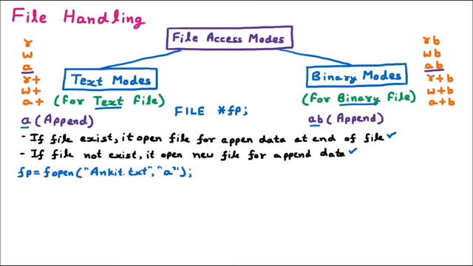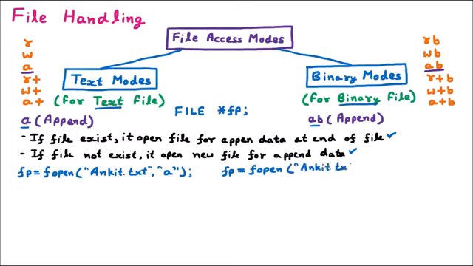So here first of all, let us suppose that we have the file pointer, which is fp, equal to, we are opening the file. So fopen is the file function. In the bracket we provide the name of the file, let's say ankit.txt. This is the text file. Then afterward we provide the mode. We know that the mode is ab. So here ab means appending to the binary file.